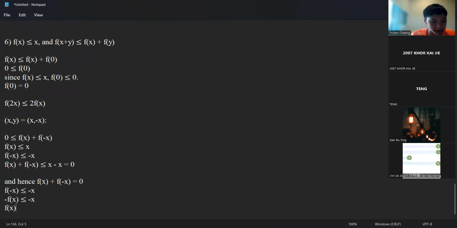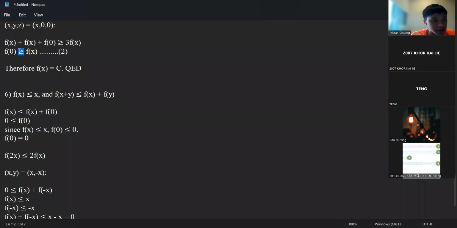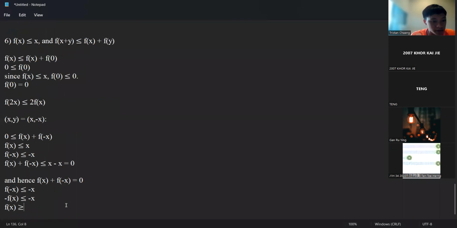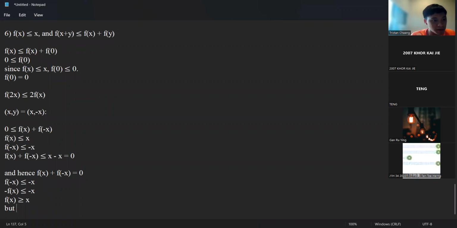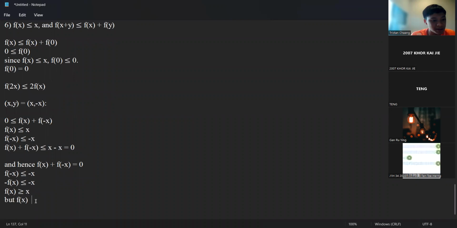So f(x) is more than or equal to x, but f(x) is less than or equal to x. So f(x) is x.